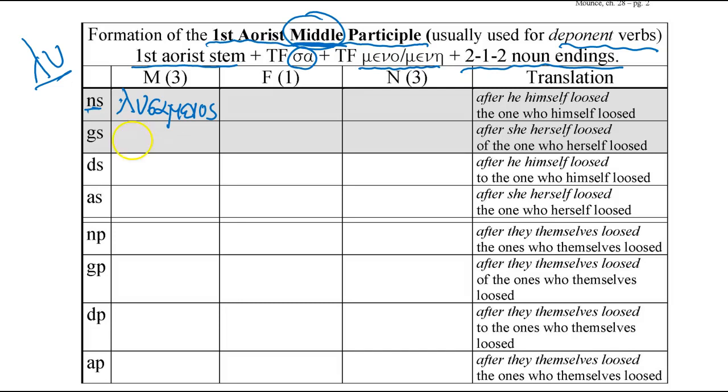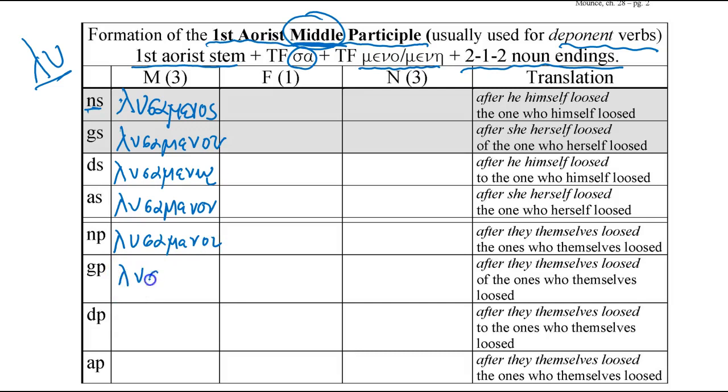So lusamenos. The genitive would be lusamenu. The dative would be lusameno. The accusative would be lusamenon. The nominative plural would be lusamenoi.